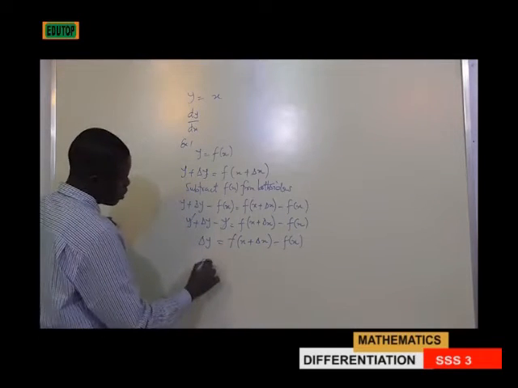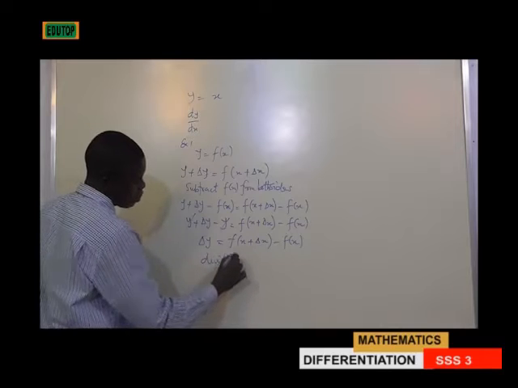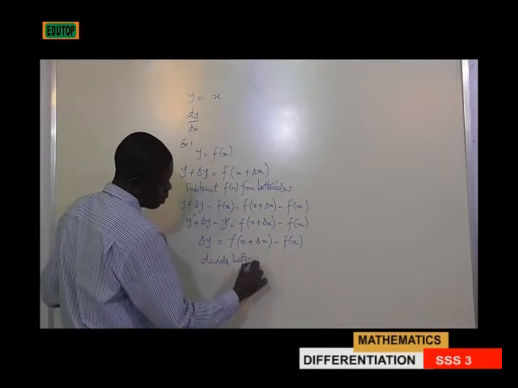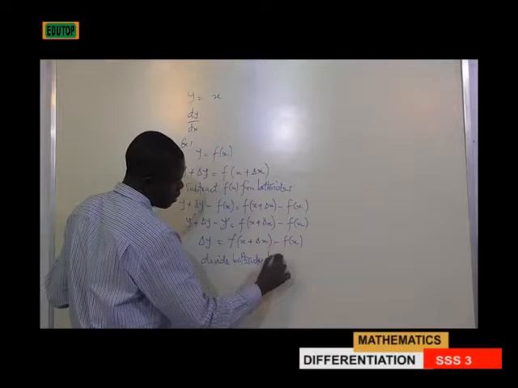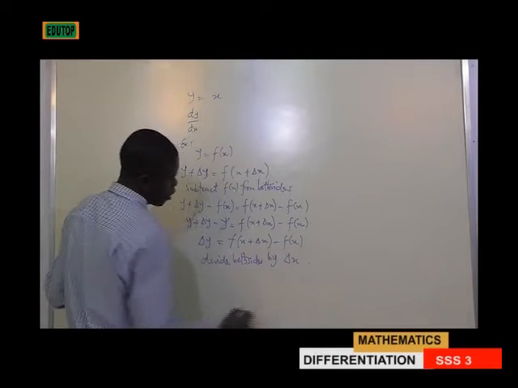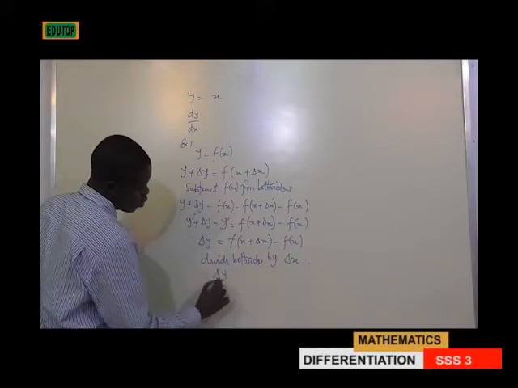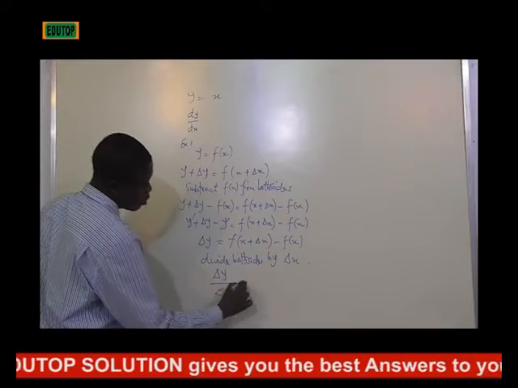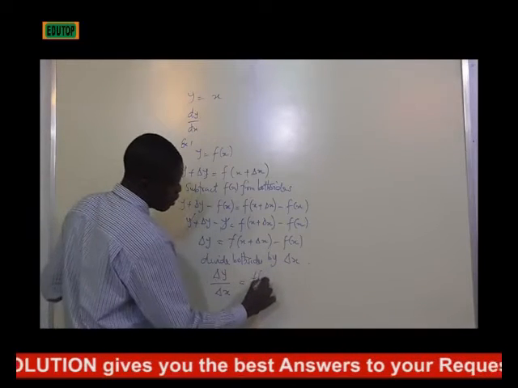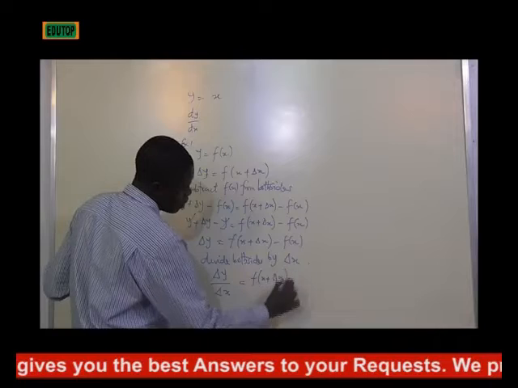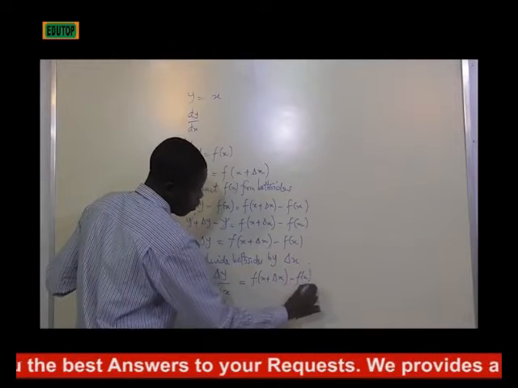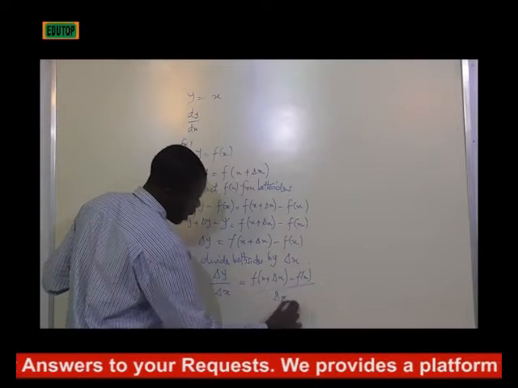Then the next thing, divide both sides by change in x. Whatever you do to the left hand side has to be done to the right hand side of the equation. So you have this plus this minus f of x over change in x.